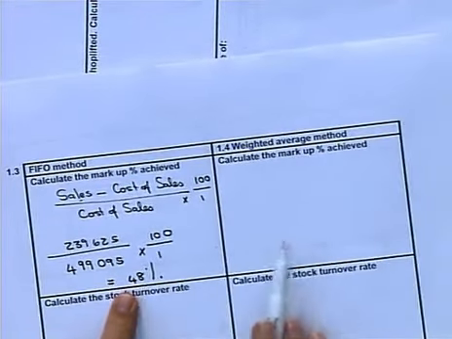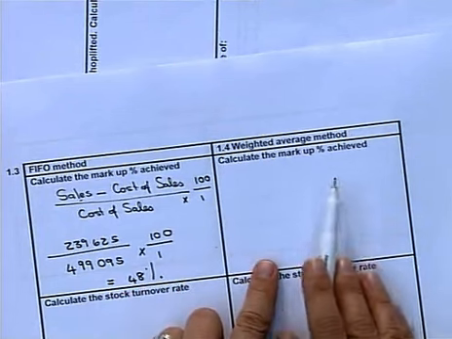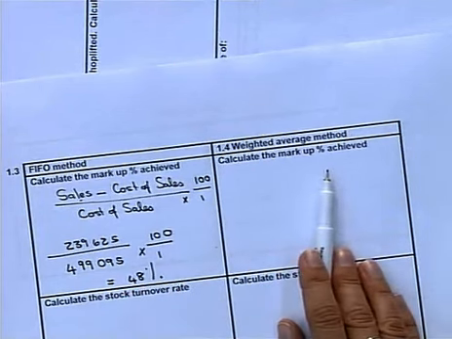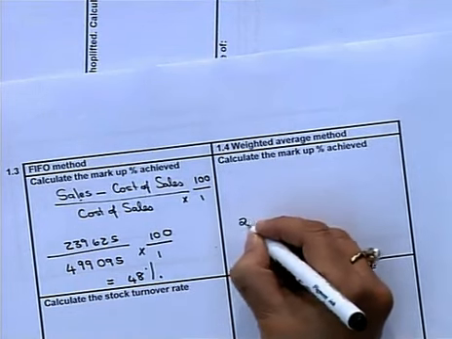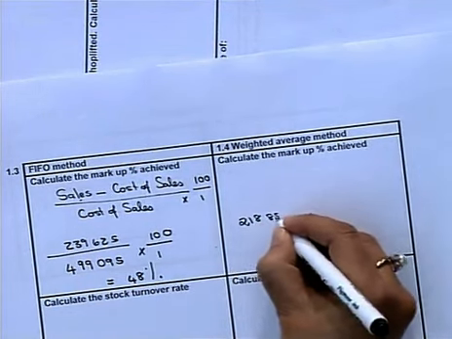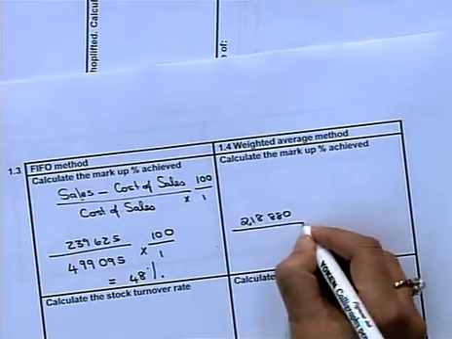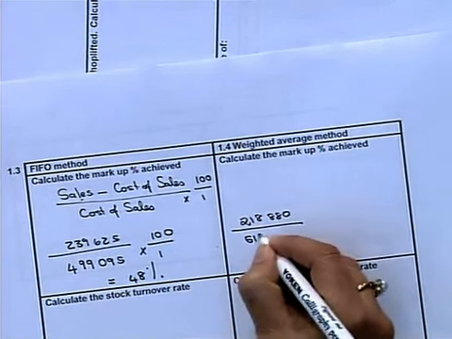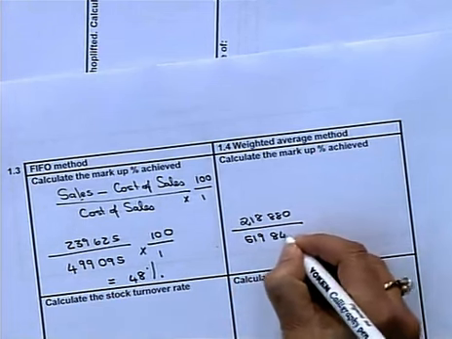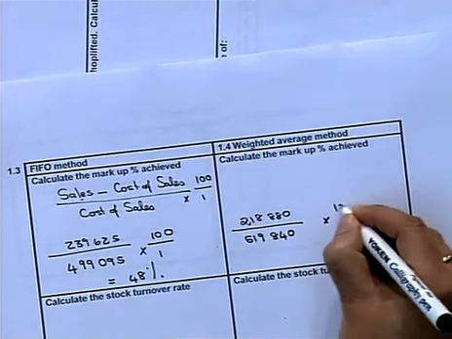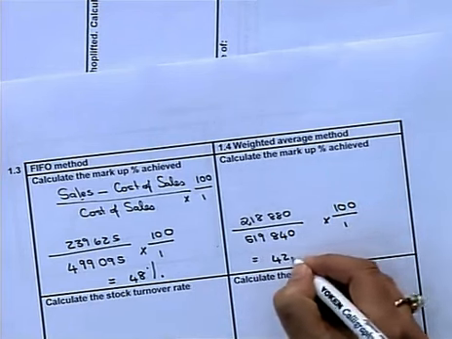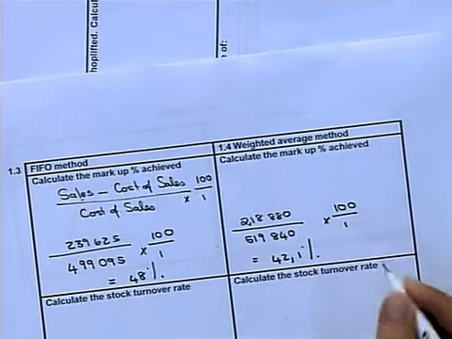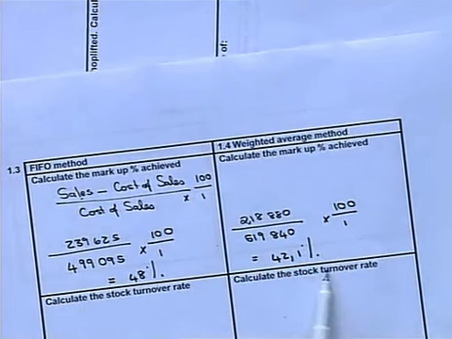Using the information for the weighted average method, I'm going to say their cost of sales is 218,880 divided by 519,840, multiply it to get it into a percentage, and I calculate that my profit markup percentage using the weighted average method is 42.1%.